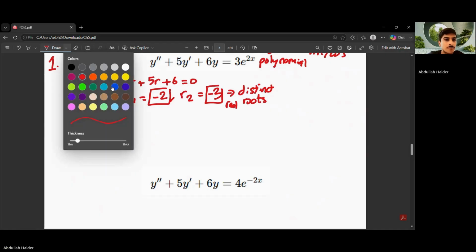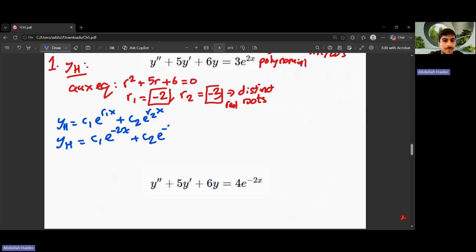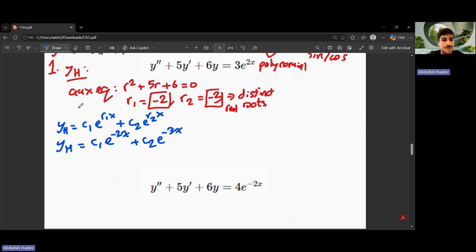So we will use yh equals c1 e power r1x plus c2 e power r2x. So in this case, our yh is going to be c1 e power -2x plus c2 e power -3x. This is our yh, our homogeneous solution to this equation.